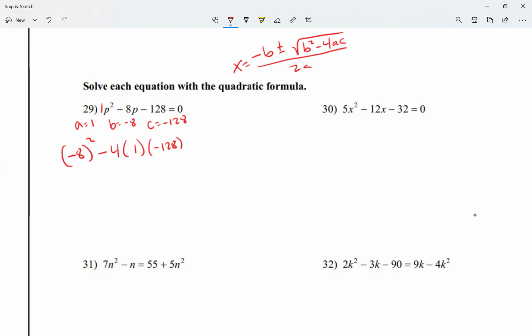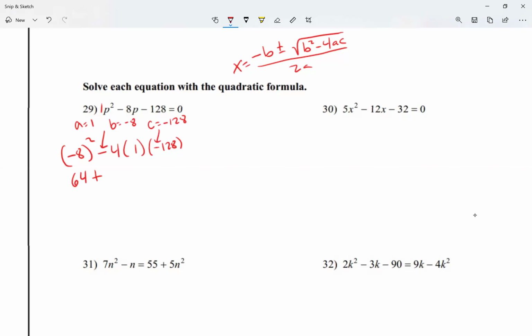Now, negative 8 squared. So negative 8 times negative 8, that's positive 64, right? Because negative times negative is positive. So positive 64. And then when it comes to negative signs, I see these two negative signs. And I said when the amount of negatives is an even amount, which in this case it is, I'm going to write that as a plus.